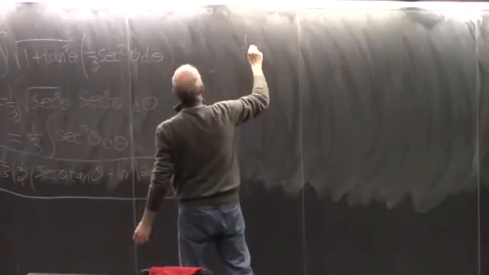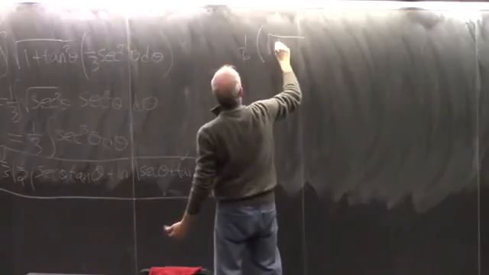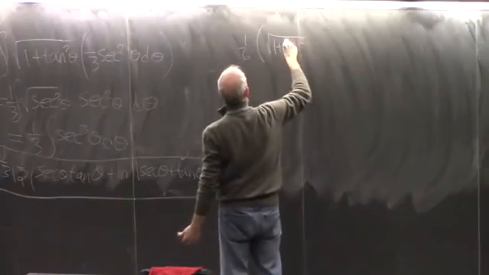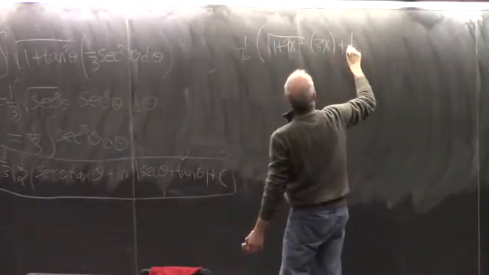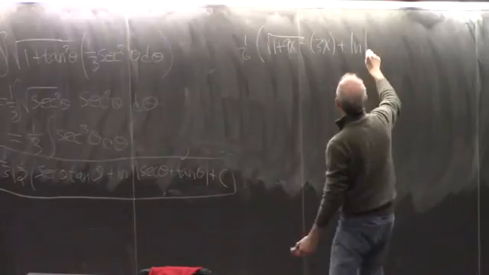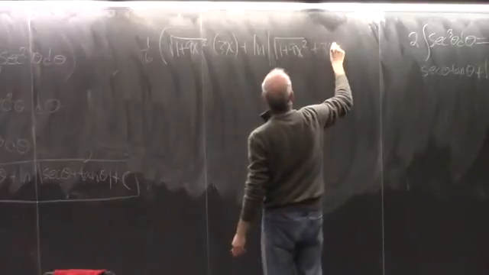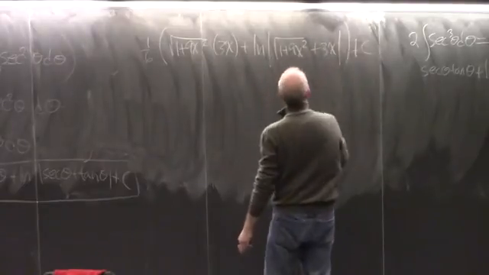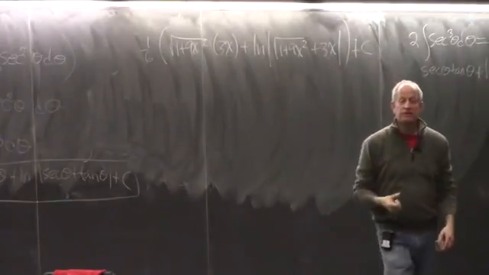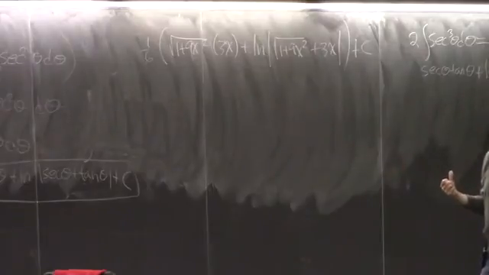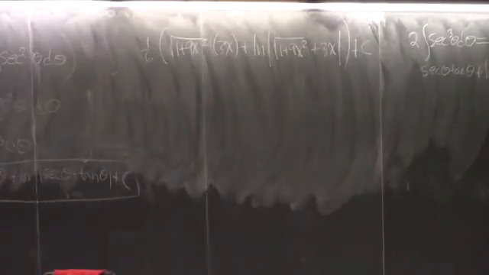You get 1/6 secant theta, which is square root of 1 plus 9x squared, hypotenuse over adjacent, times tan theta, which is 3x, plus the log of the absolute value of secant theta plus 3x, plus a constant. And as I said, you would never look at that and say, oh, well, it's just this, okay? So this is why integration is so much more difficult than differentiation, okay? Because the derivative of this isn't hard at all, but the integral is ridiculous.